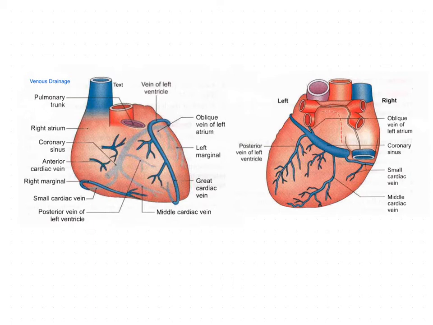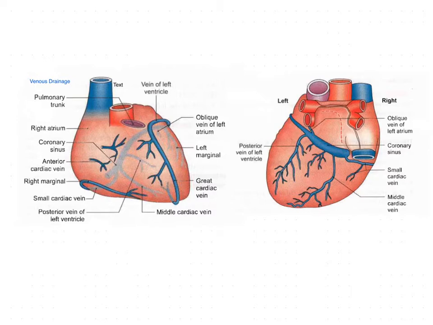Dear students, welcome back. In the previous session, we have seen the applied anatomy of the arteries which are supplying the heart. Now, we are going to see the veins of the heart, or venous drainage of the heart.